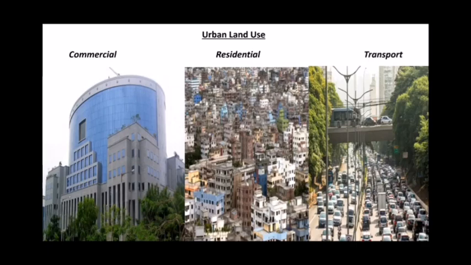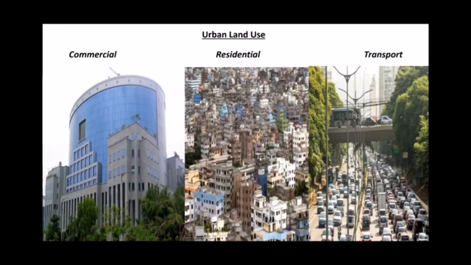In urban areas, land is used for different purposes. It's not like the rural areas, where you can find more and more land that is empty or mostly used for agriculture and residential areas. But in the city or the urban areas, you will see that the space is very less.